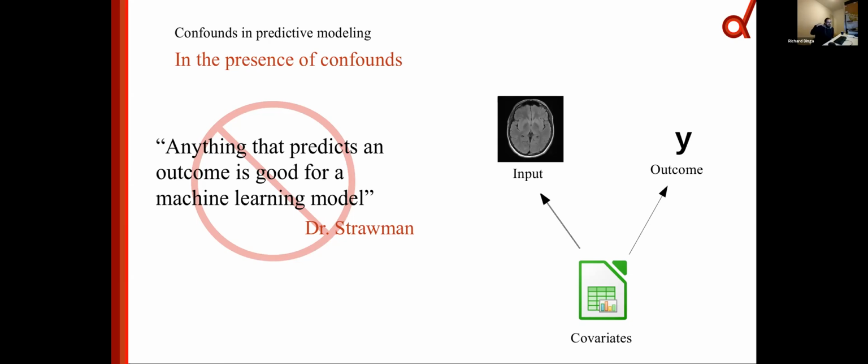And if the confound predicts my outcome, then it's good. Signal is signal. It doesn't matter that I'm predicting motion, if it then maybe helps to give people good treatment. It doesn't matter, even though it's motion or scan site.